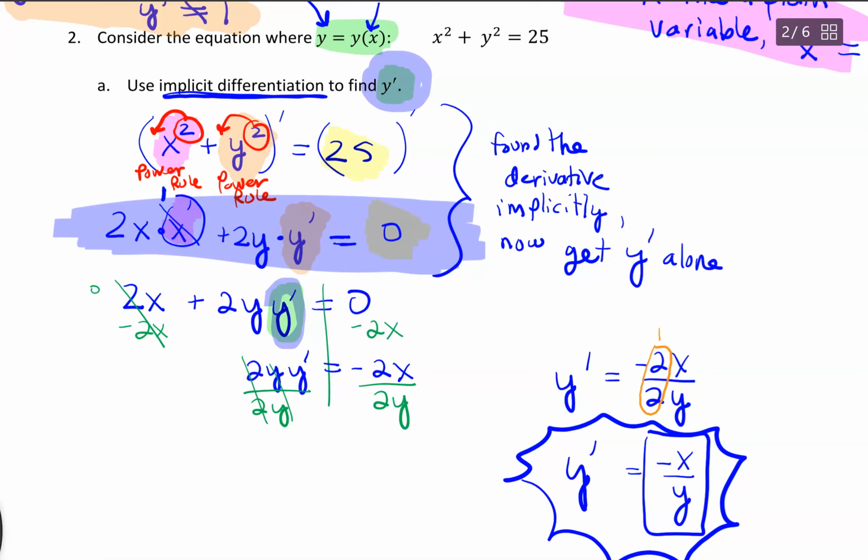So to get y prime by itself, it's just like solving any algebra equation, you have to undo the order of operations. So I had to subtract first. I move that to the other side, and then you undo the multiplication. Since the 2 and the y were being multiplied to y prime, I had to divide them off to reverse that operation.